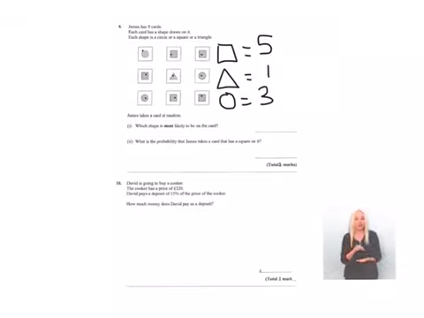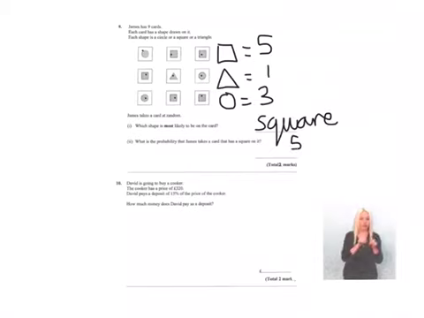Which shape is most likely to be on the card? Well, that's obviously a square. For those of you that are poor at spelling out there, it doesn't matter if you spell it wrong. What is the probability that James will take a card that has a square in it? So we've got 5 out of 9.